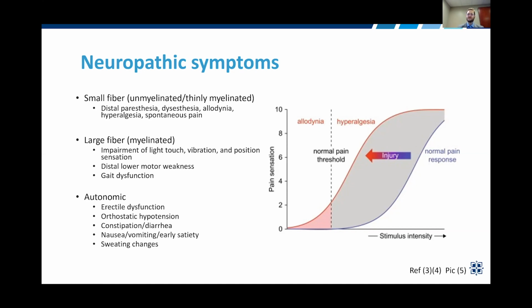Autonomic is basically multiple organ systems that are innervated by autonomic nerves, causing multiple things. Erectile dysfunction is extremely common, as are orthostatic hypotension, alternating constipation and diarrhea, nausea, vomiting, early satiety, and sweating changes.